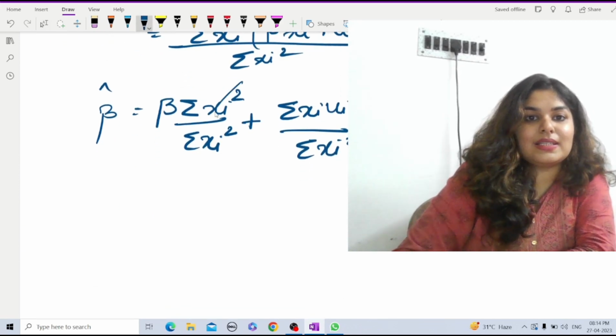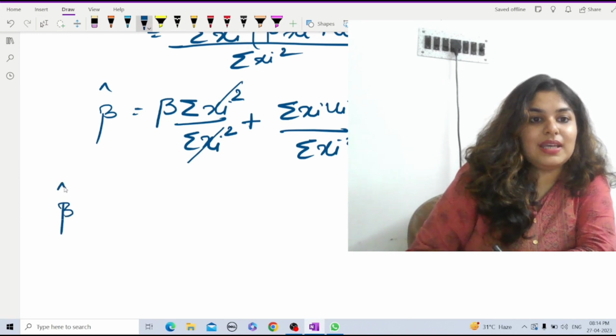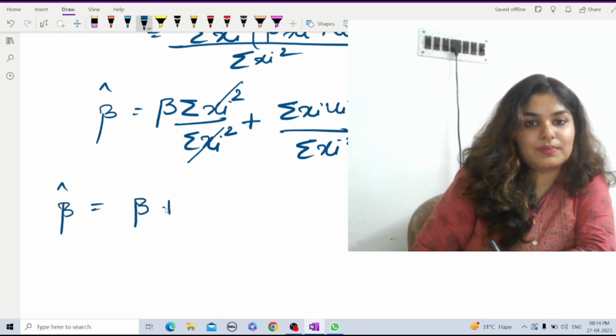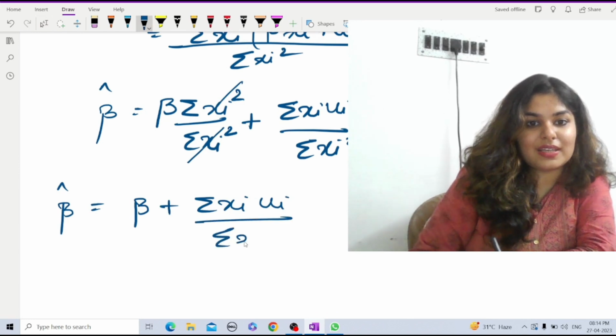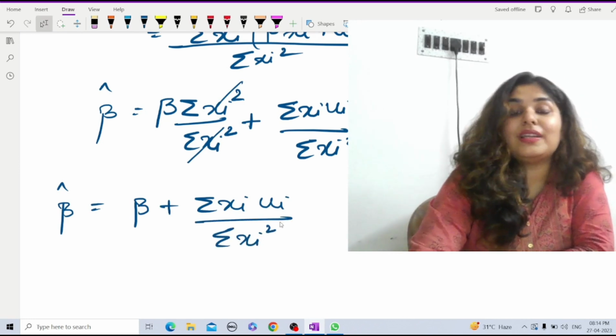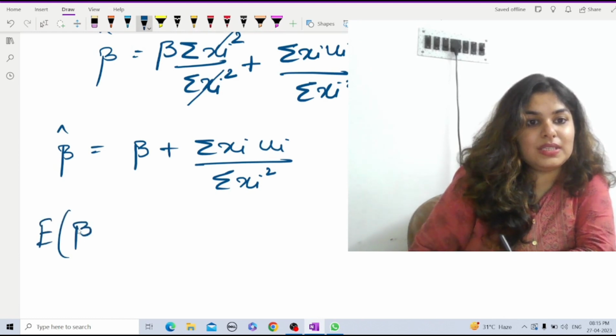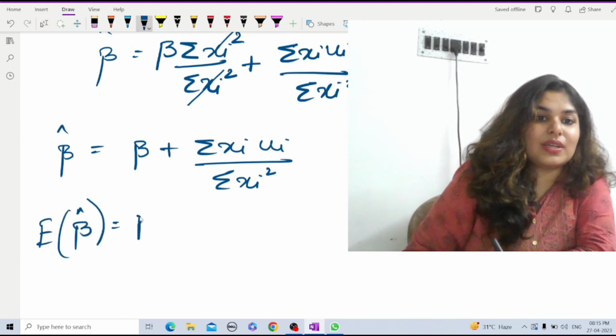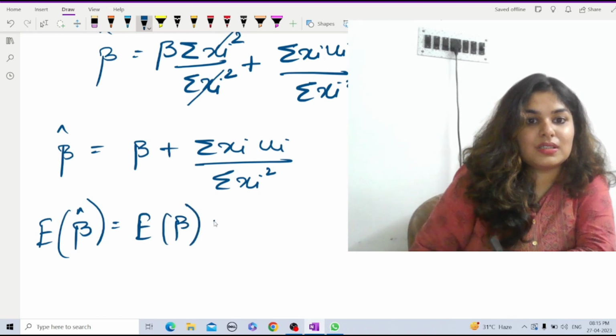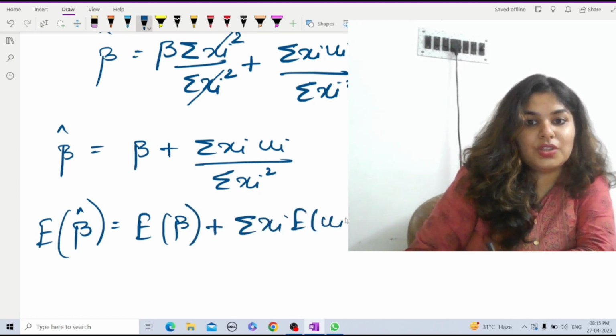So this gets cancelled, so we have beta hat is equal to beta plus summation xi ui by summation xi squared. Now in order to find out the unbiasedness, we have to take the mean, that is the expectation of beta hat is equal to the expectation of beta plus summation xi expectation of ui by summation xi squared.